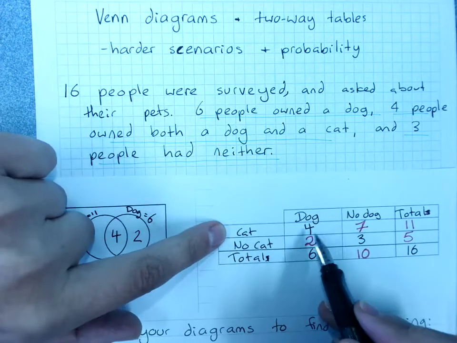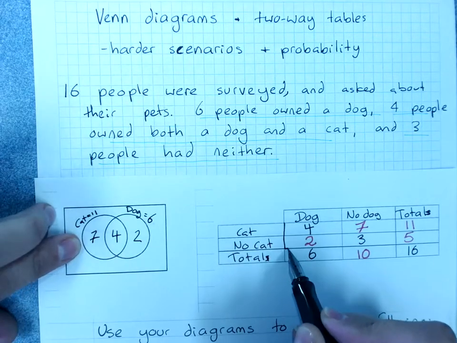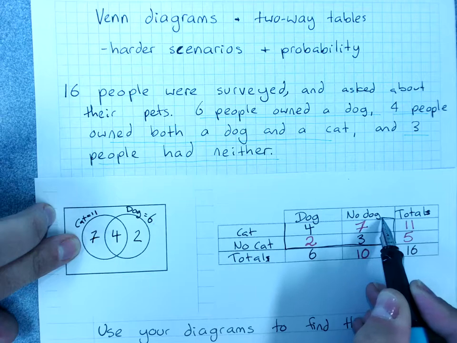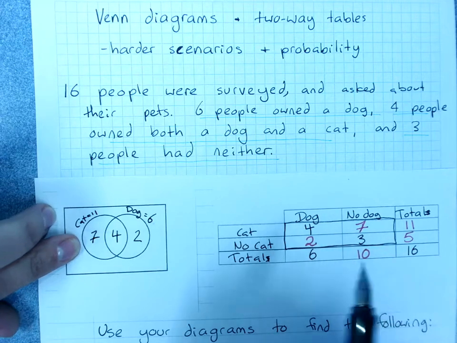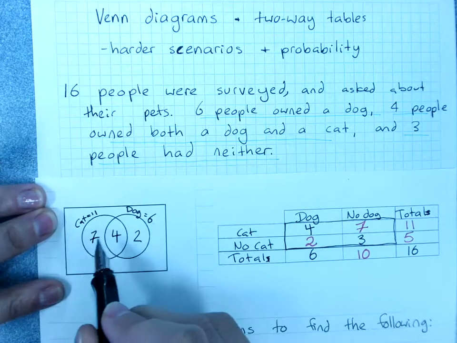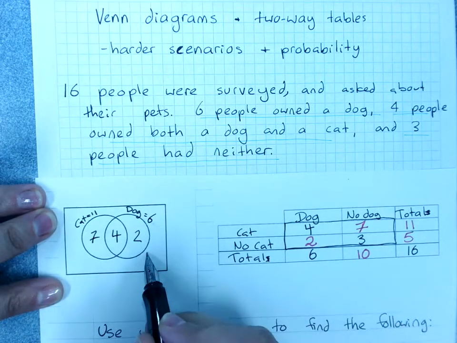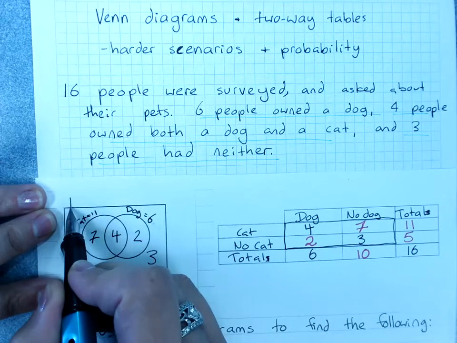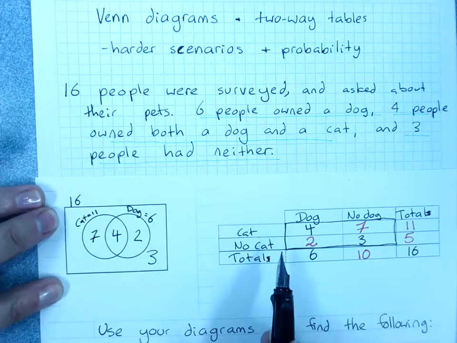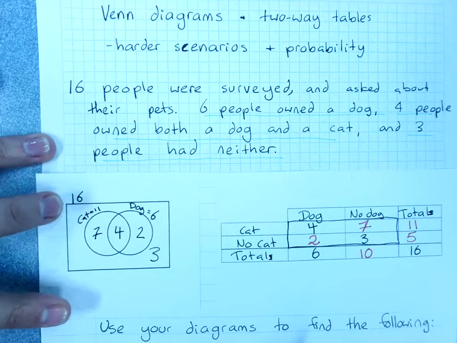People who have a cat but no dog. Remembering that the 4 numbers in the middle of the two-way table are the 4 numbers in the zones of the Venn diagram. No dog and no cat is 3, and the total is 16. So it's actually often easier to do a two-way table.